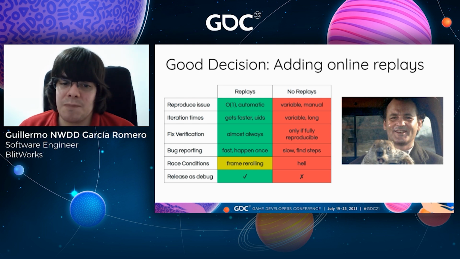No steps at all. It can be of help even to catch race conditions by rolling multiple times each frame, and if properly implemented, it also allows to swap between release and debug without losing information.